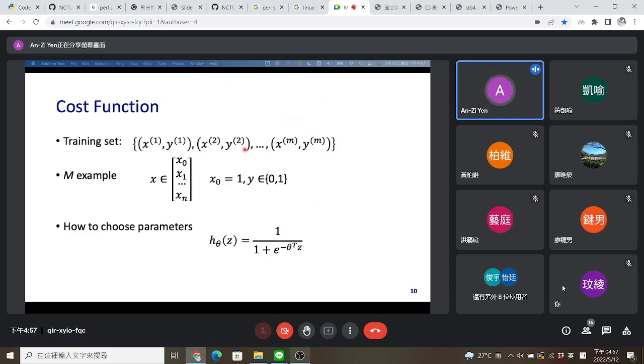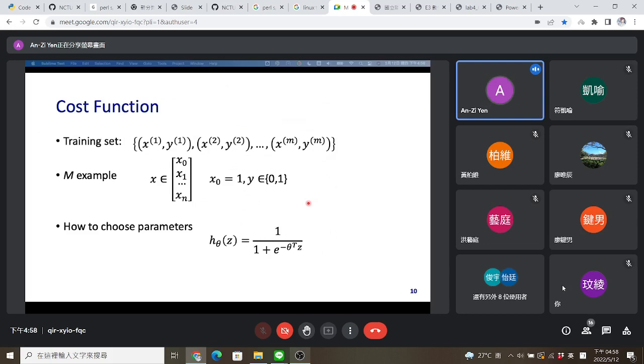So for each x, we can represent it as a feature vector, like in natural language processing, where we can represent it as word vectors or one-hot encodings, and we can set the value of y equal to either 0 or 1.